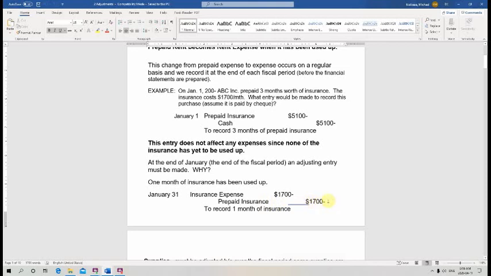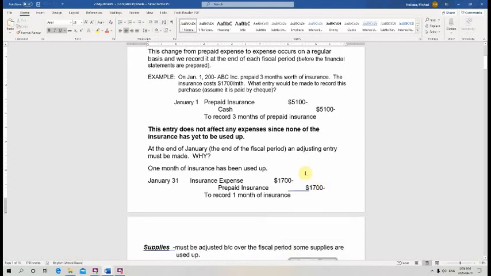We've used up that insurance, right? So in regards to adjustments, the debit and the credit are always going to be the same. So if it's prepaid insurance, it's going to be insurance expense debited, prepaid insurance credited. If we're talking about prepaid rent, it would be rent expense debited and prepaid rent credited, right? So you're going to have to memorize the debit and the credit.